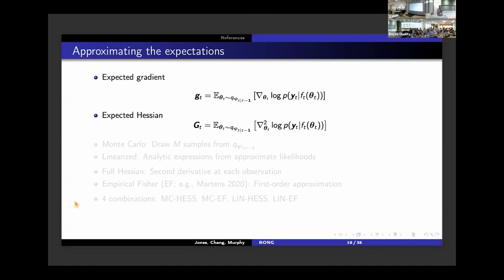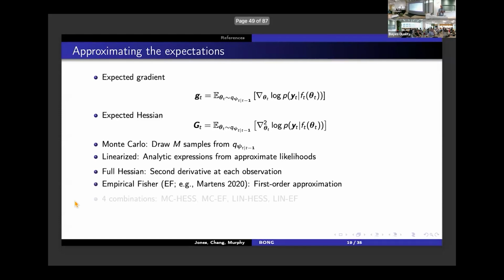All right, as far as approximating these expectations, we have to compute expected gradients and expected Hessians, which I denote this way. Like I said, we can do Monte Carlo, where we just draw samples from the belief state, or we can linearize. I'm going to elaborate on both of these. We can linearize the likelihood, make it a linear function of theta, and then get closed form updates.